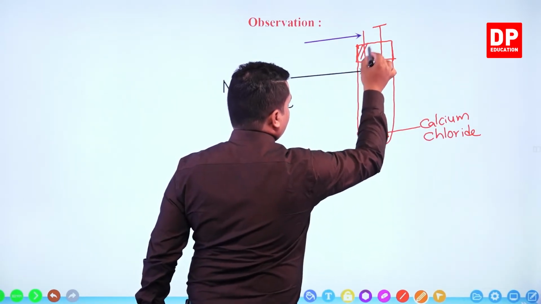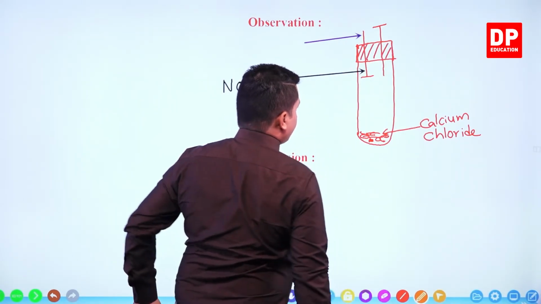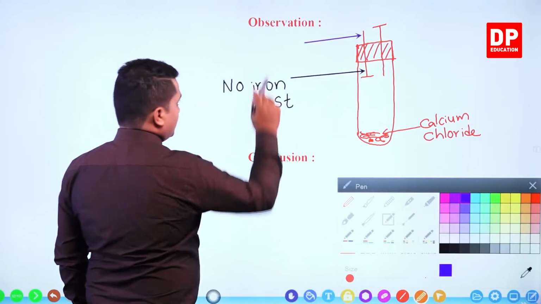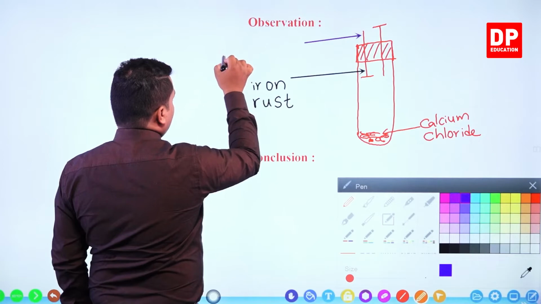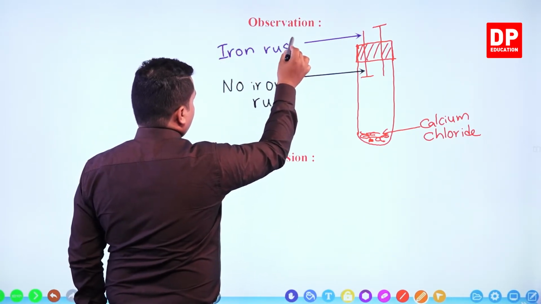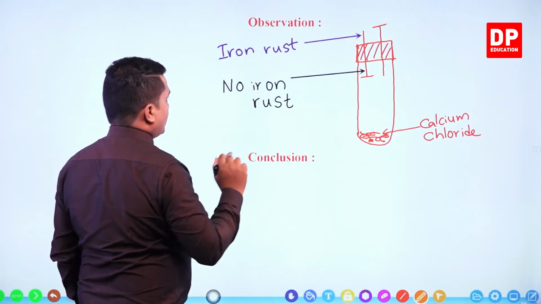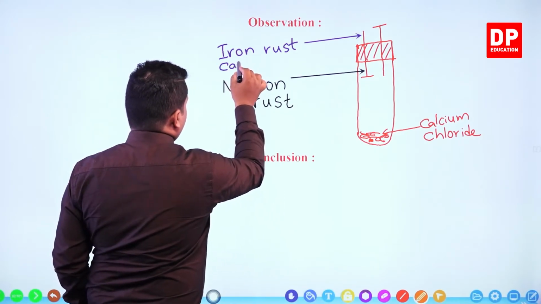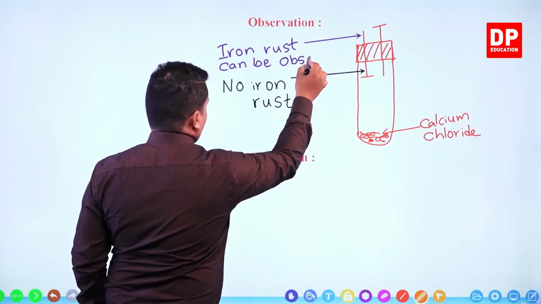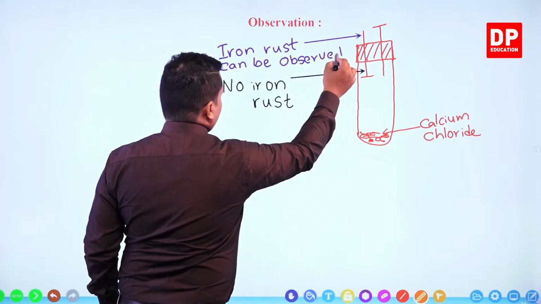Mark the cork. Okay. Then in here, the blue color area, iron rust can be observed. Right?